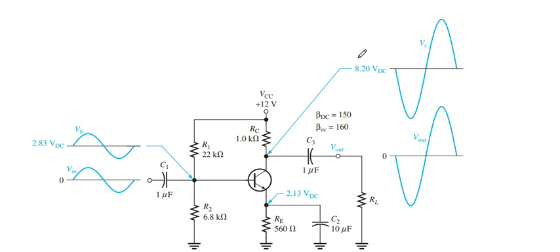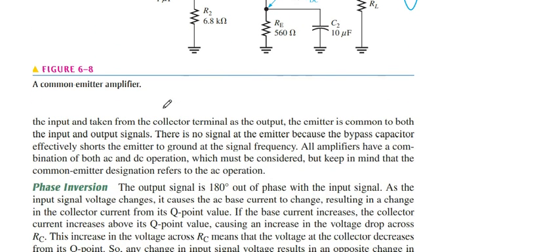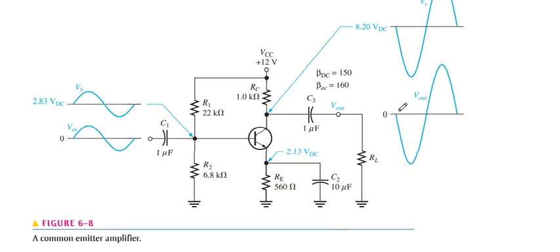What do we get? 6.2 at this point, DC voltage, while beta DC is 150 and beta AC is 160 due to a slight difference. Everything is mentioned in these topics. This is 180 degree phase. I told you everything in the last chapters or lectures.